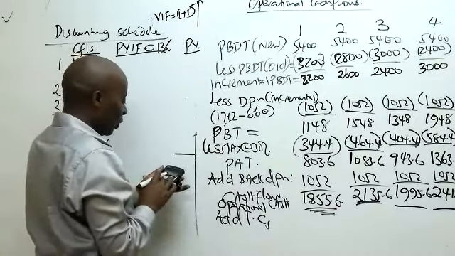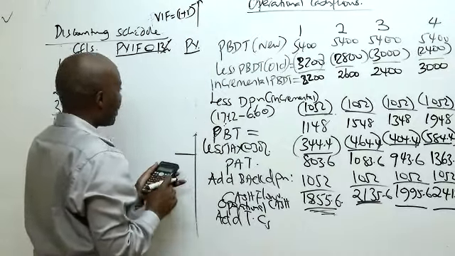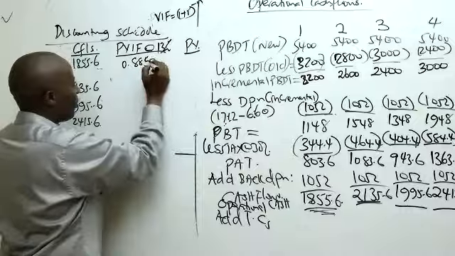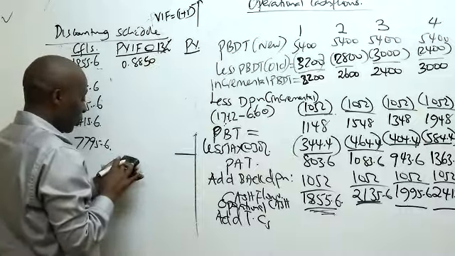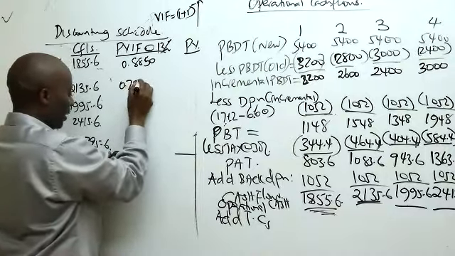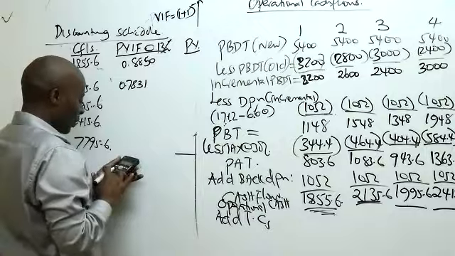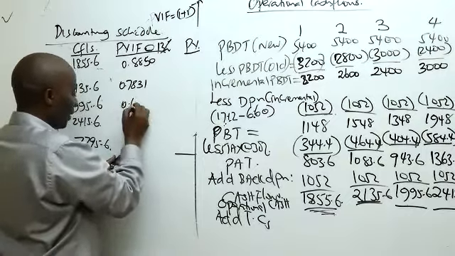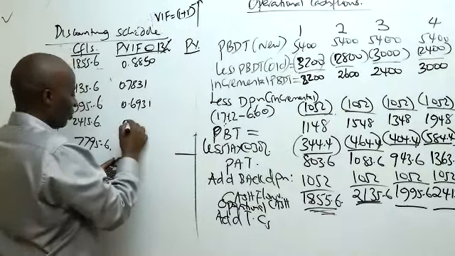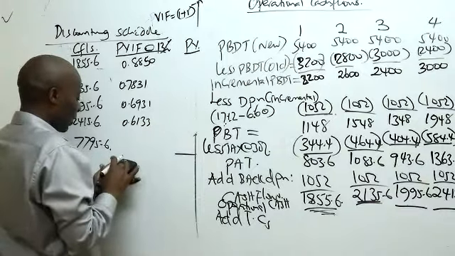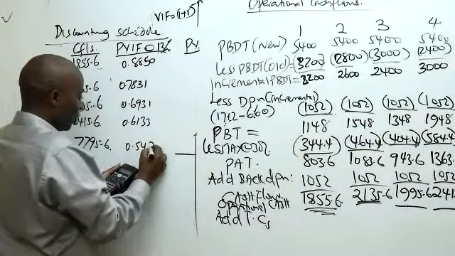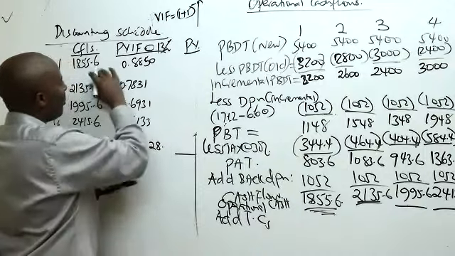So 1.13 raised to negative 1 gives us 0.8850. The second, raised to power 2, gives us 0.7831. Power 3 gives us 0.6931. Power 4 gives us 0.6133. Power 5 gives us 0.5428.